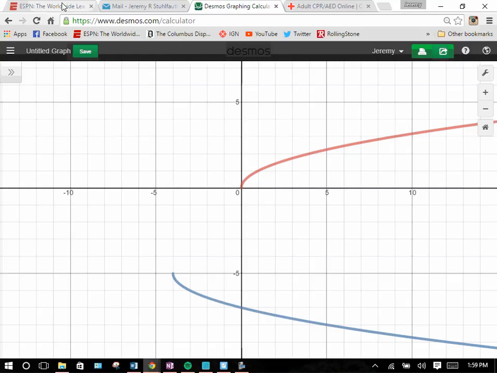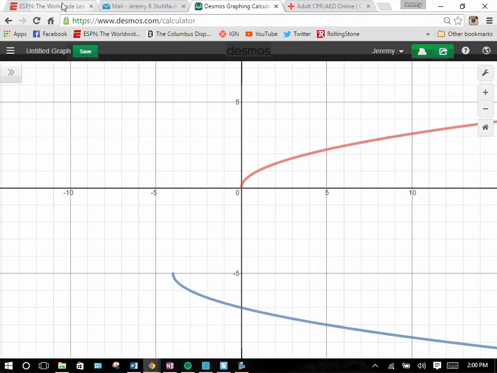So let's think about this real quick, guys. First of all, the reflection affects the y value, right? And moving it up and down affects the y values. The only thing affecting the x values is the stuff in the x minus or x plus something.